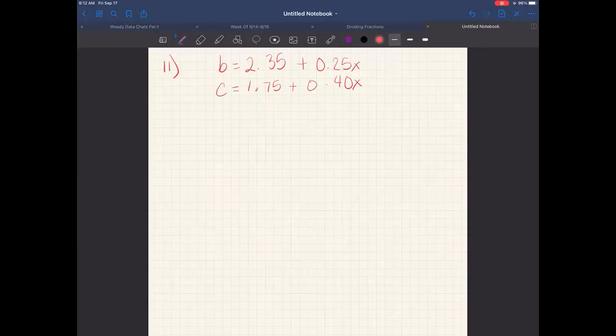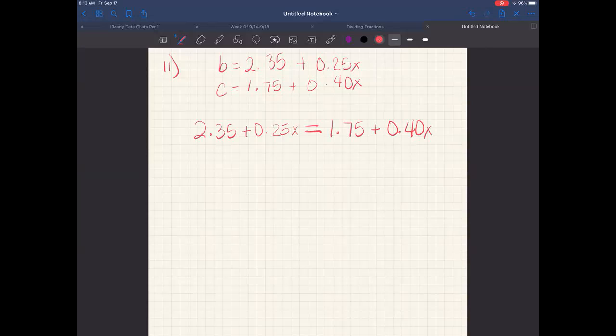So what I'm going to do is 2.35 plus 0.25x equals 1.75 plus 0.40x. Okay. Now it's just the same thing I've been doing.